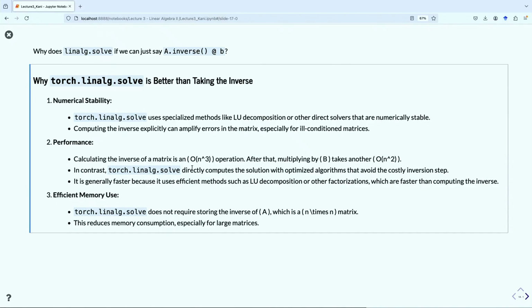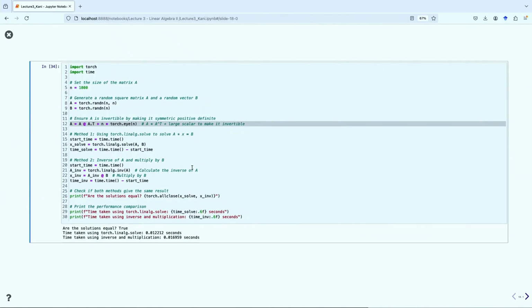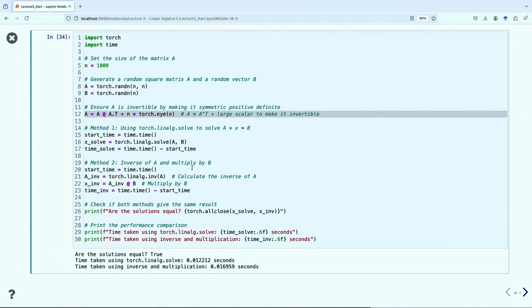And in order to show that, we could write a little test code. Again, we have a little test code here where we have a coefficient matrix of some random variables, n by n, 1,000 by 1,000. We have some solutions to the system of equations.